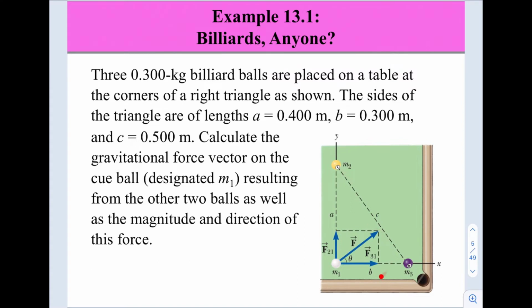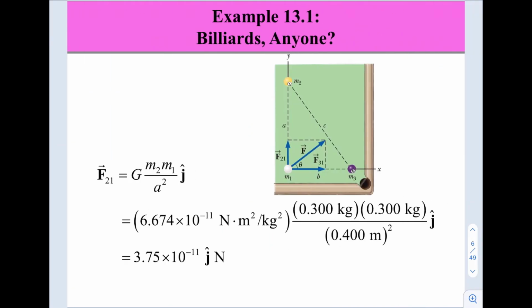The sides of the triangle are of length A equal to 0.4 meter, B equal to 0.3 meter, and C equal to 0.5 meter. Calculate the gravitational force vector on the cue ball, designated M1, resulting from the other two balls, as well as the magnitude and direction of this force.